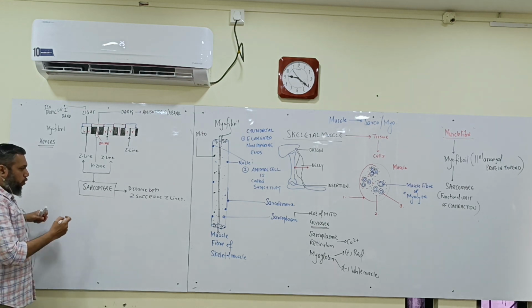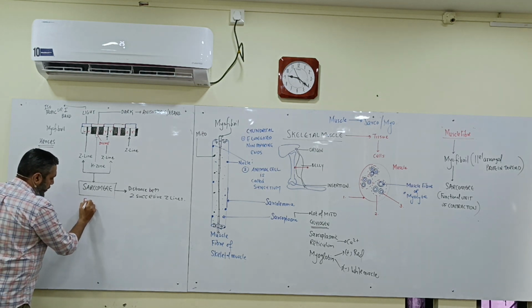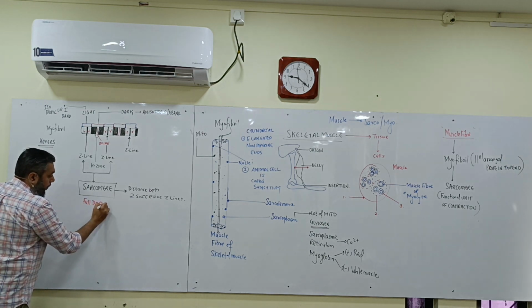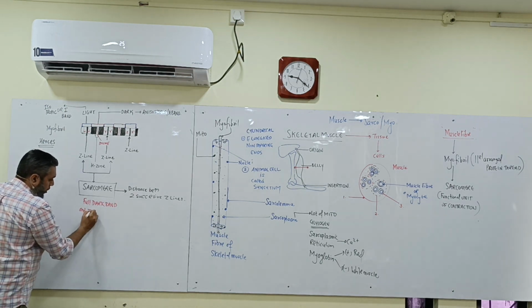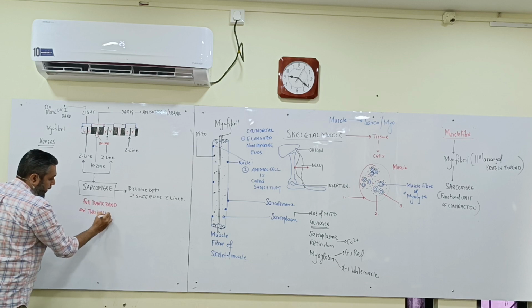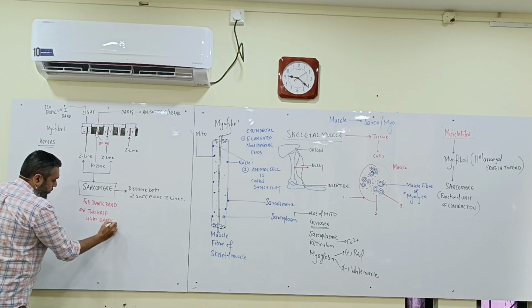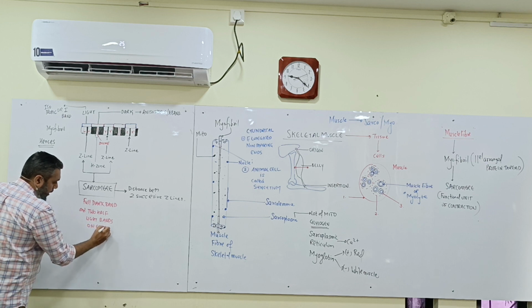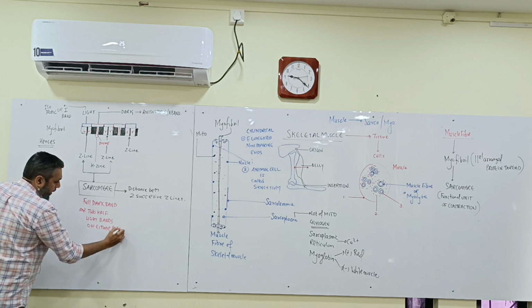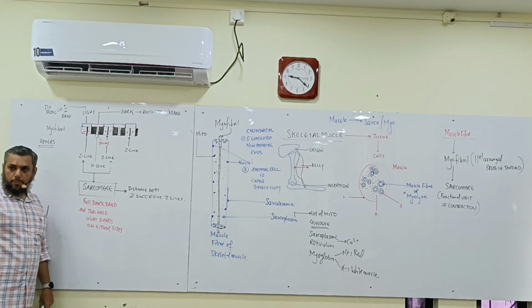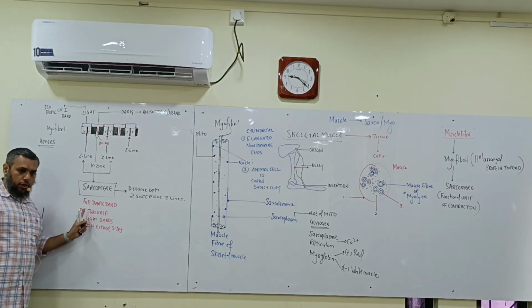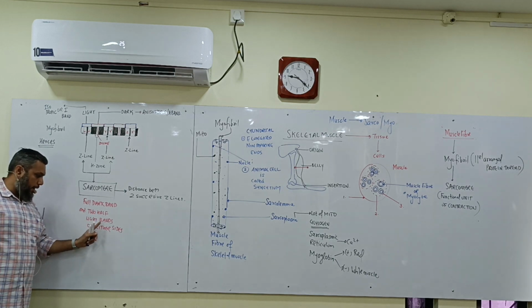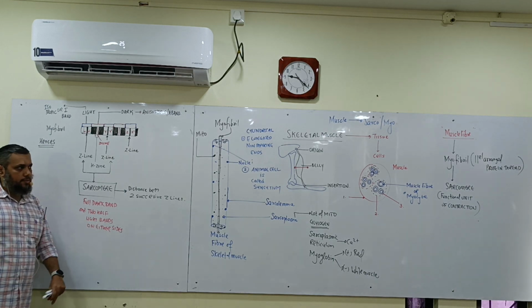So can I say a sarcomere shows the presence of a full dark band and two half light bands on either sides? What did I say? It has a full dark band and two half light bands on either sides.